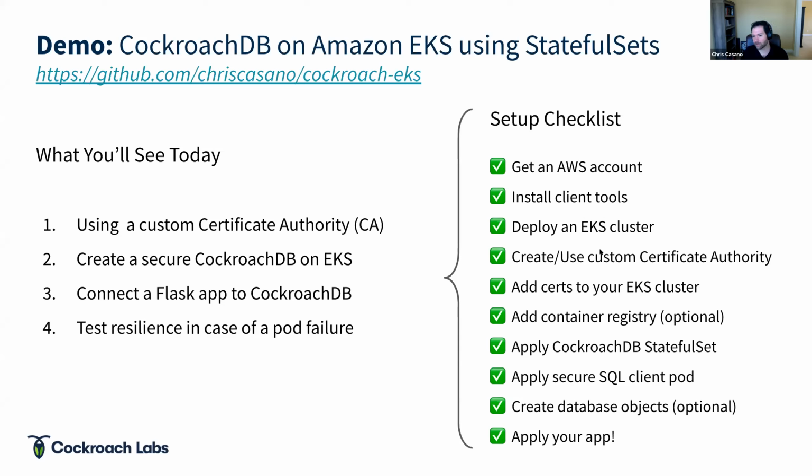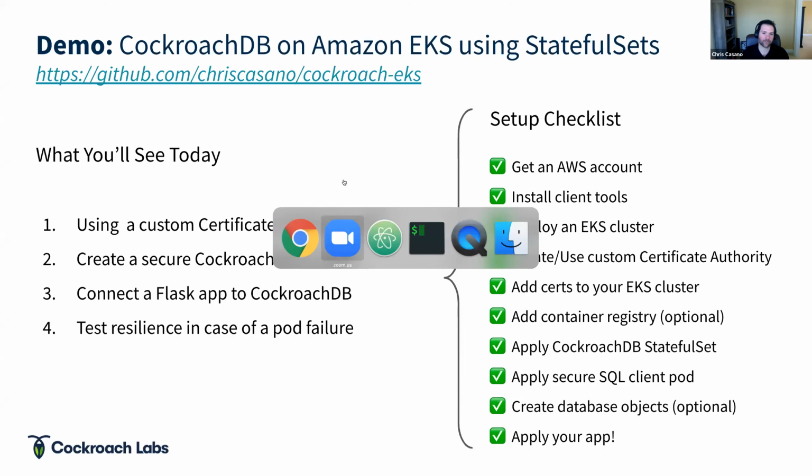You'll deploy the EKS cluster, create a custom CA, and add those certs into your EKS cluster. As another option, you can add another container registry. In my example, I connected to Docker Hub to pull down my Flask app. Then we deploy Cockroach, and deploy a secure SQL client so you can query the database and connect your app. It's pretty straightforward.